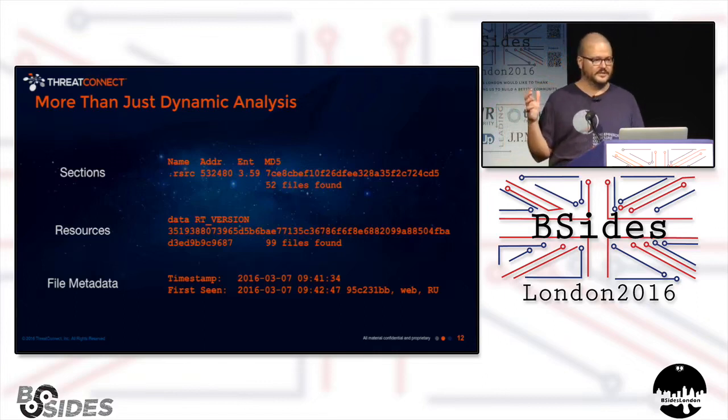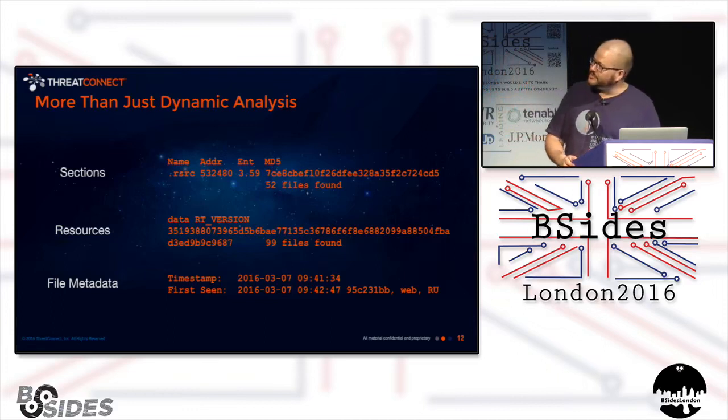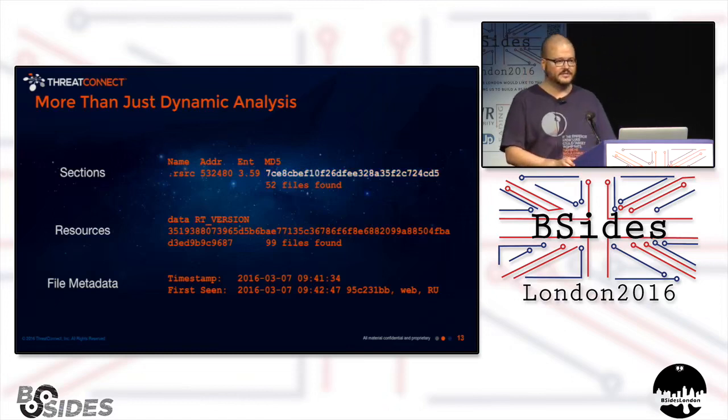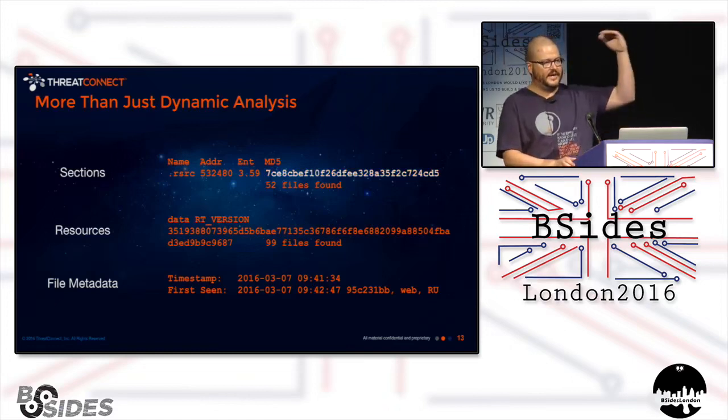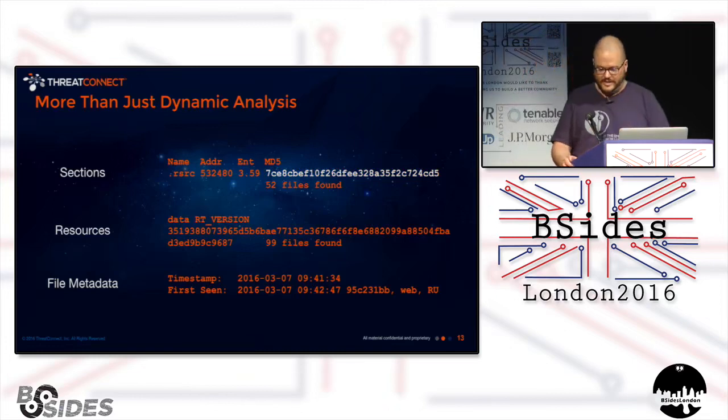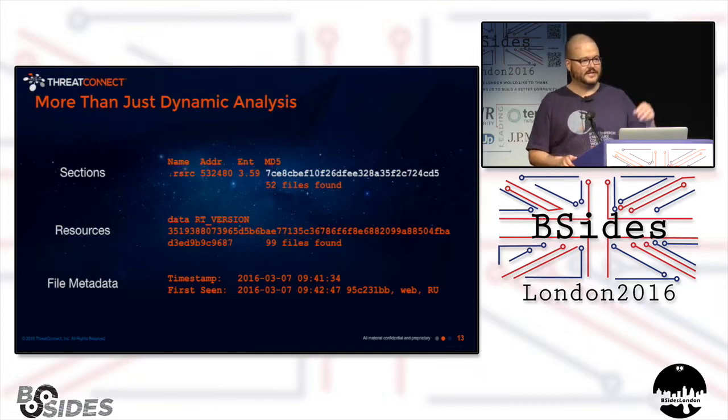So the next part, this is actually a different malware sample. As you can see, these are PE-specific, portable executable, Microsoft Windows-specific components of a file. And so I've run this through Cuckoo again and gotten back a few interesting things. So if you take these sections, and this is the .rsrc section, and take the MD5 of this, when you take the hash values of the sections in a piece of malware, you can find related malware that uses that same section.